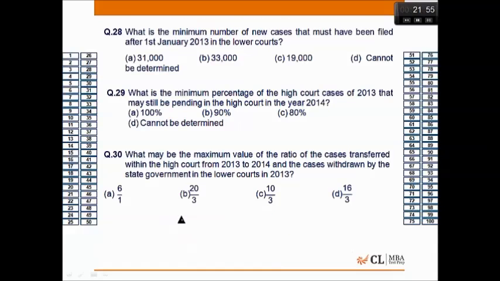Dangerous, but let's try at least one. What is the minimum number of new cases that must have been filed after 1st of January 2013 in the lower courts?